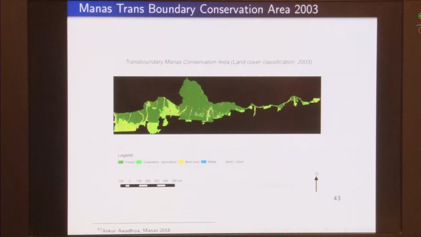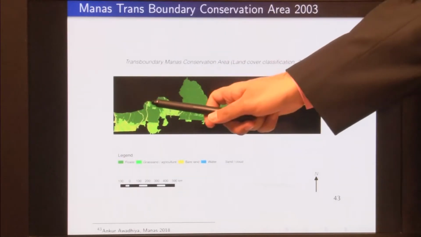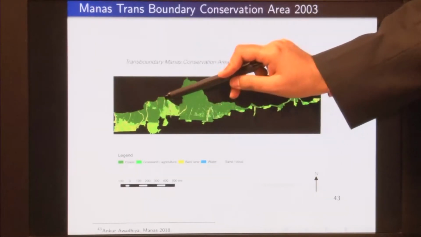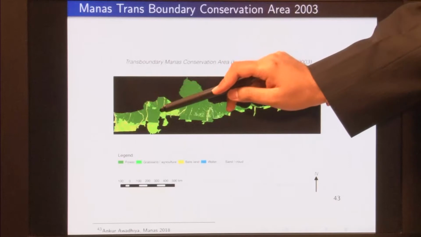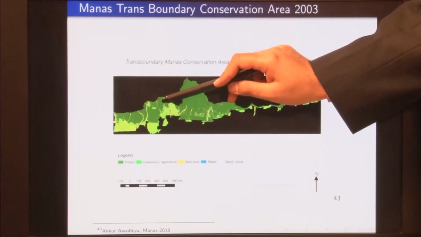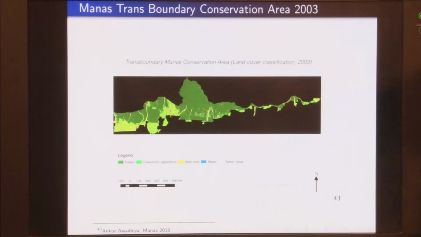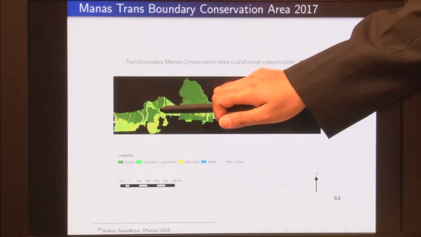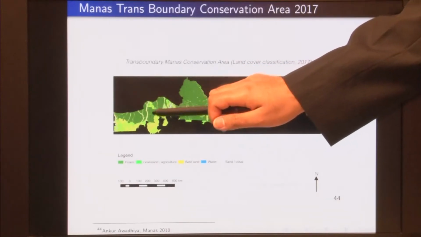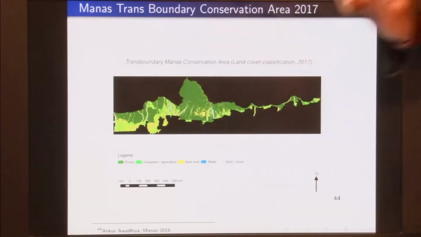Next, I would want you to concentrate at this region. Here we observe that we had this large patch of forest, we had another patch of forest here, and we had some areas which were grasslands, but then we had these dark areas which were acting as connectivity corridors. This was in 2003, this is in 2017. What we observe here is that those dark green patches of forest that were there between this big patch and this big patch are now all gone.